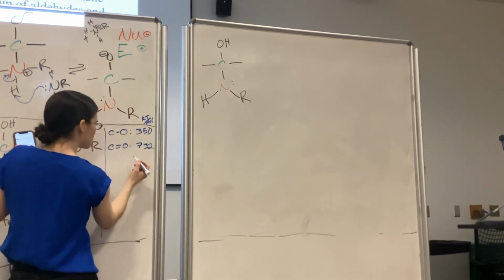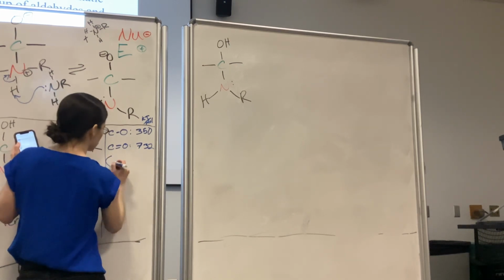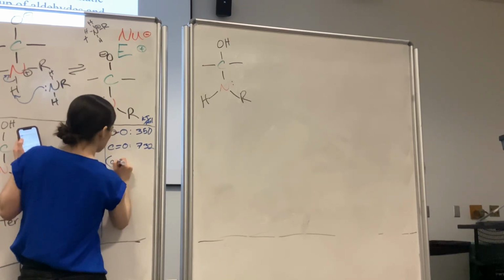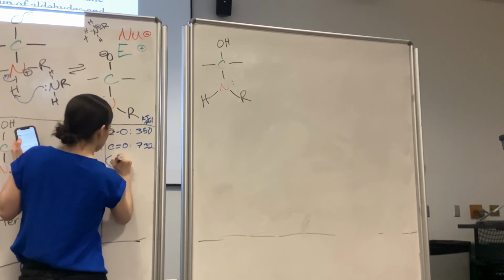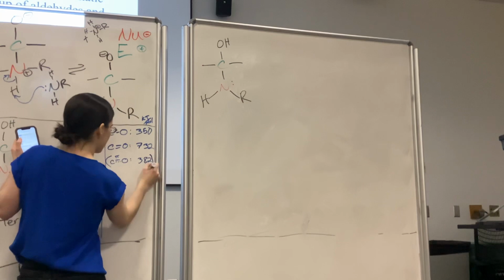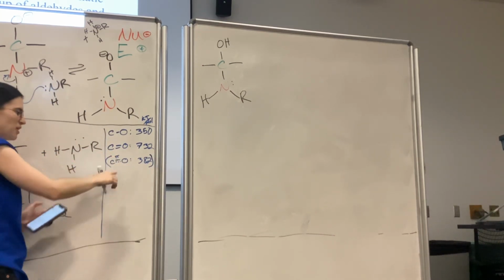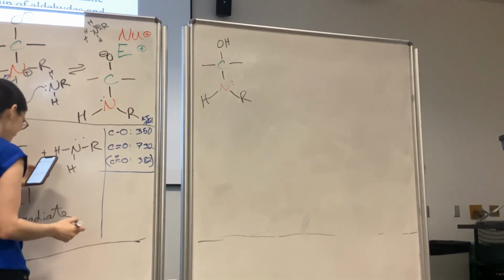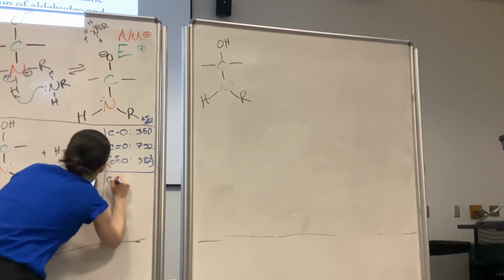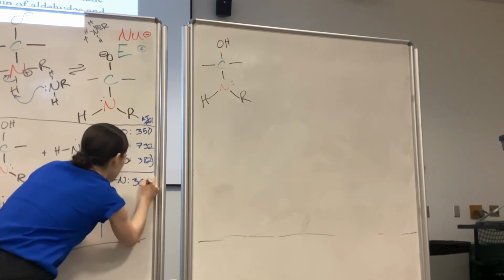So what do we decide 732 minus 350 is? 382. Okay. I'm trying to indicate this is just the pi bond. I don't know. It's not something I've had to do before. CN is 300.